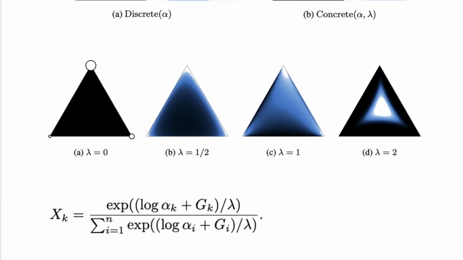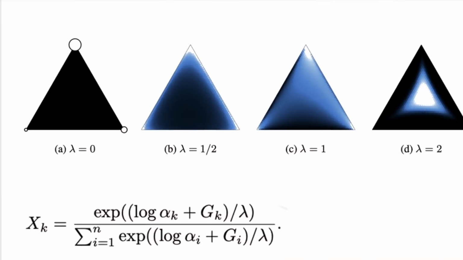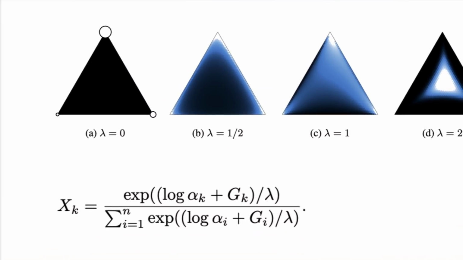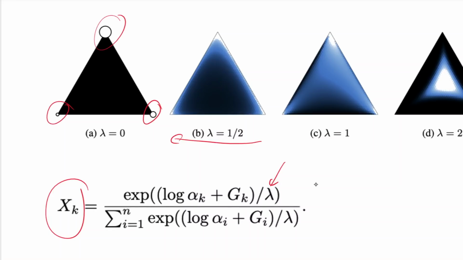Here's an illustration of these discrete random variables. You want to get to a point where, when you sample the variable and drop your temperature, it more and more approaches this fixed sampling. Like you can be either here or here or here, with the masses indicated by the size of the circle. But as you increase the temperature, you go more to a mixture.